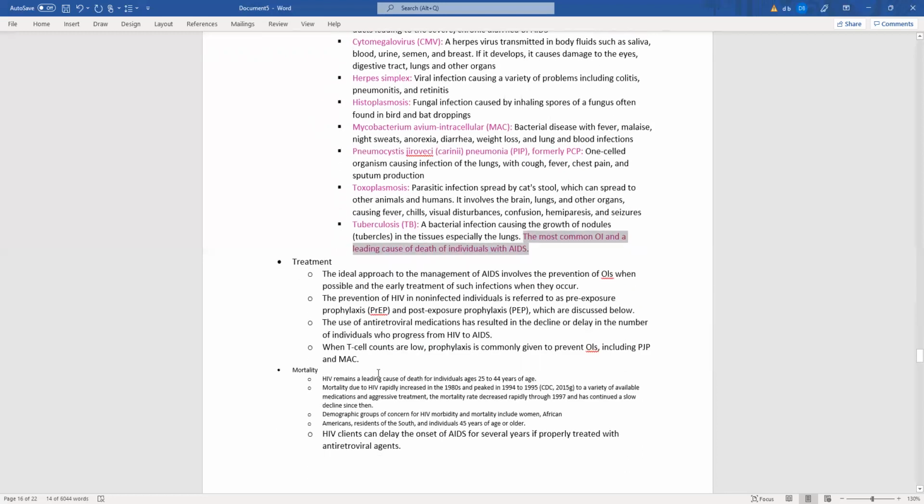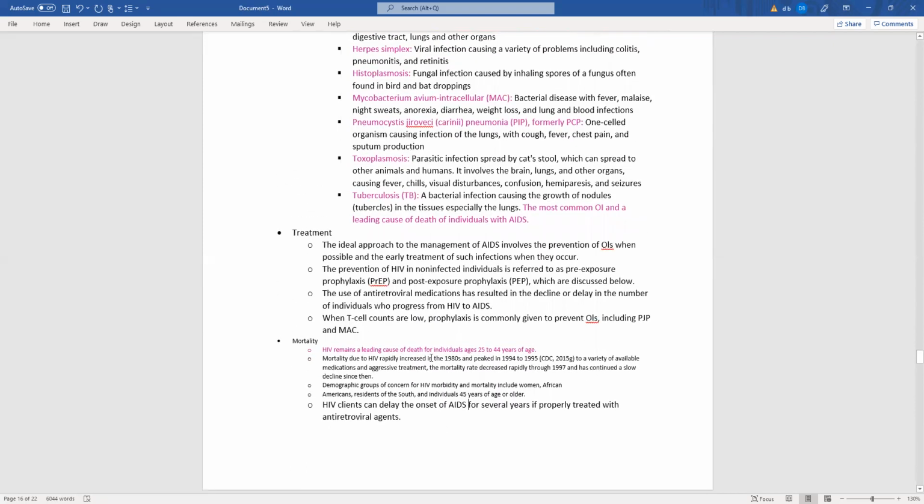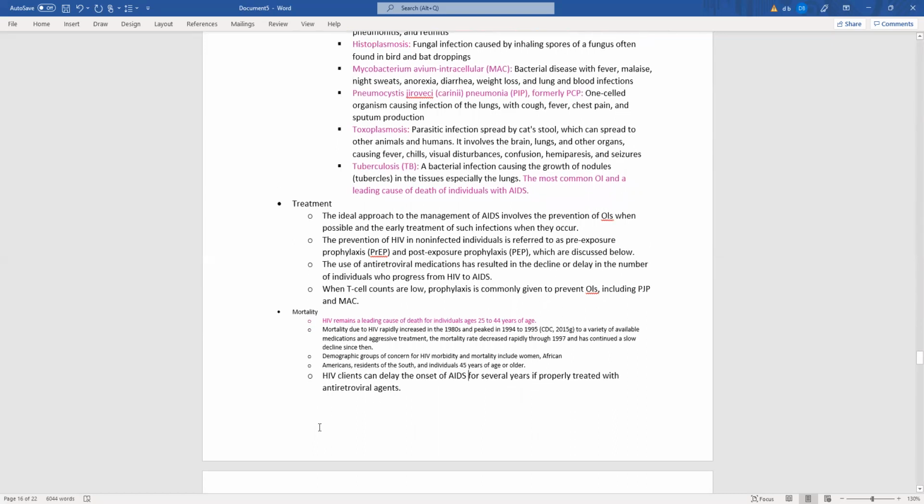Mortality. HIV remains a leading cause of death in individuals between the ages of 25 to 44. Mortality due to HIV rapidly increased in the 80s, and the peak was 1994 to 95, according to the CDC. With a variety of available meds and aggressive treatment, the mortality rate decreased rapidly through 97 and has continued to slow down.